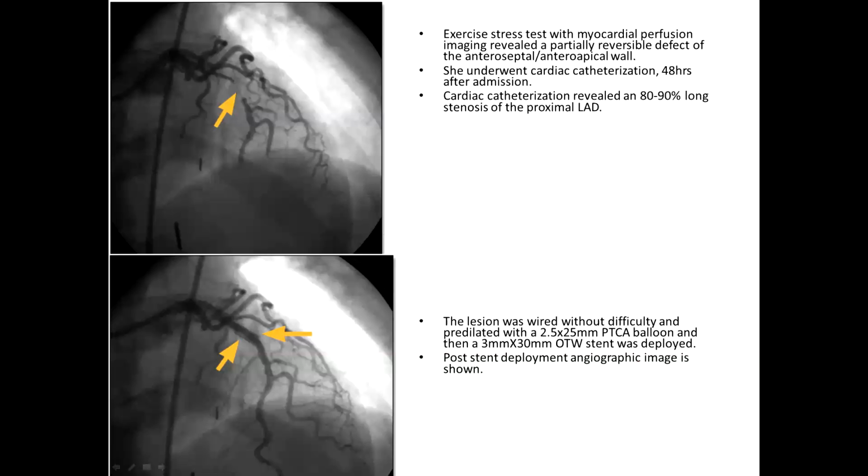So you can see the arrow there pointing to the area in the blood vessel that is not receiving blood flow. So they cathed her 48 hours after admission. Can you believe that? And when they cathed her, she had 80 to 90% occlusion of the proximal LAD. So they ballooned her and stented her, and you can see there that the blood flow resumed after that process. They should have done this the first day.